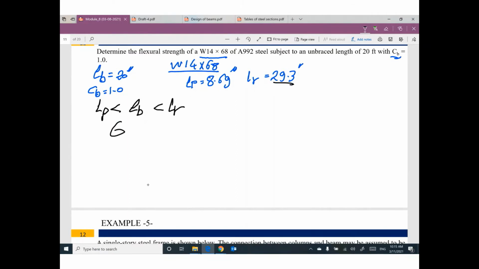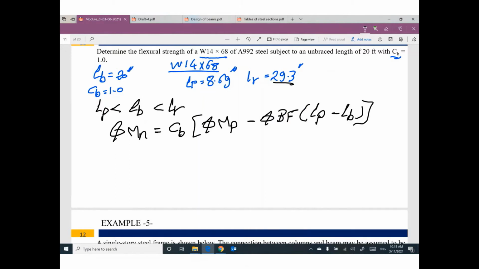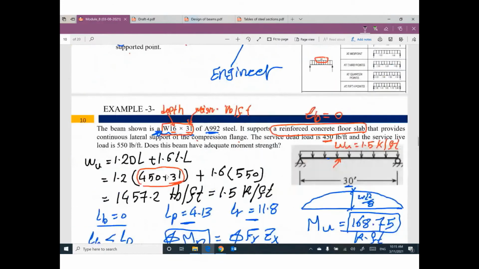So the design bending moment equals CB times phi M plastic minus phi BF times LP minus LB. Do you remember this condition?